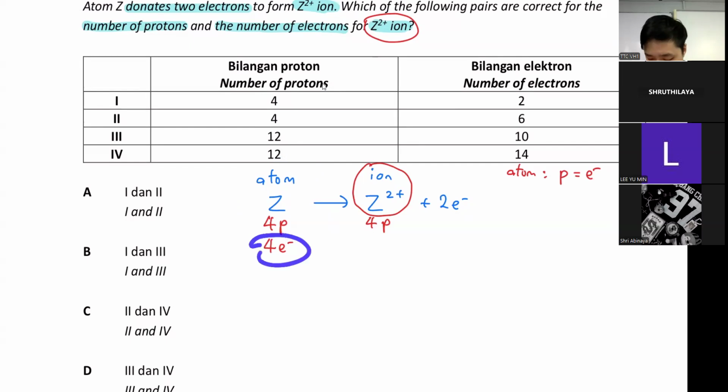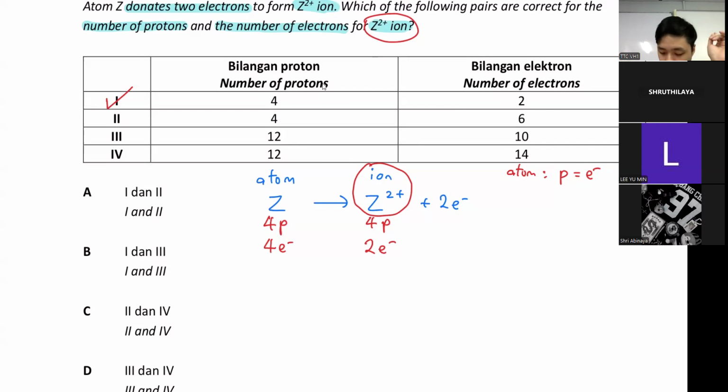But after donating 2, ion Z2+ can only be left with 2 electrons. Cannot be left with 6, not possible. So the first one is incorrect. This is the first part.